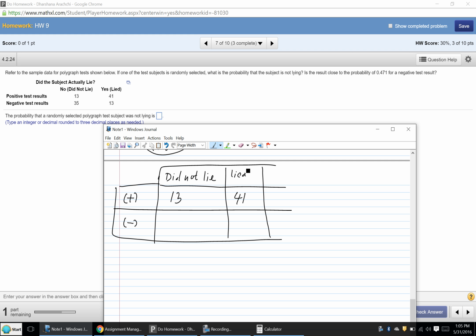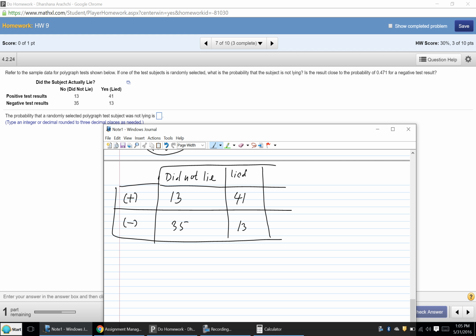Then 35 means the instrument correctly identified these 35 people as not liars because they didn't lie. And 13 says the instrument incorrectly identified these 13 as not lying during the experiment, even though they purposefully lied.